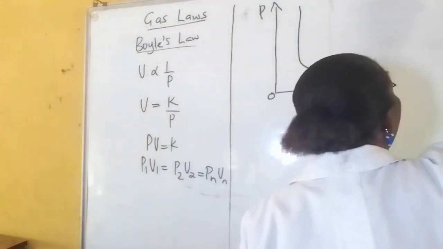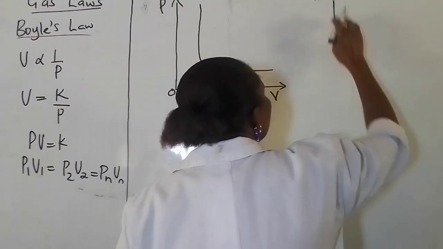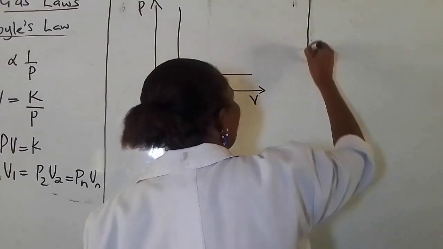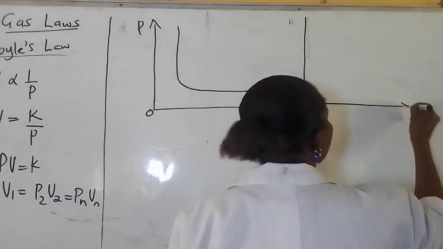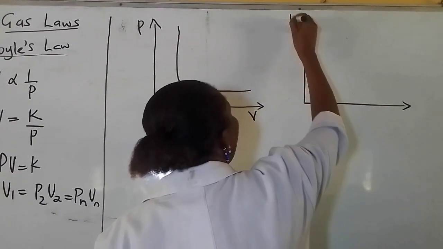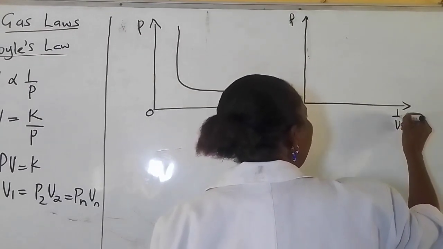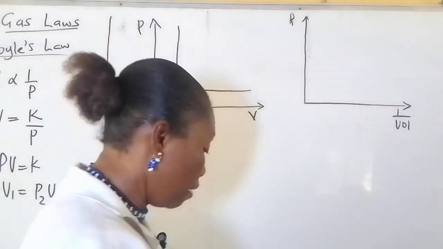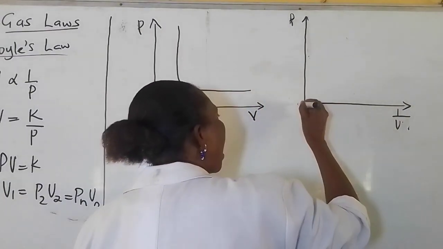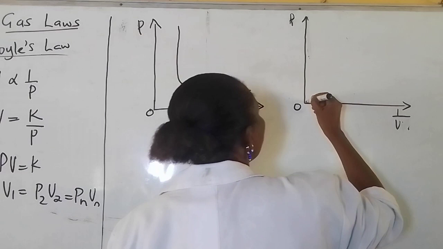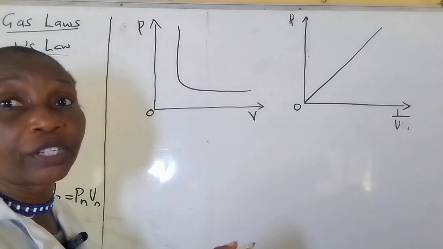We can also have this graph this way, where we have pressure plotted against the inverse of the volume, or 1 over V. The inverse of the volume. We are going to have a straight line from the origin.